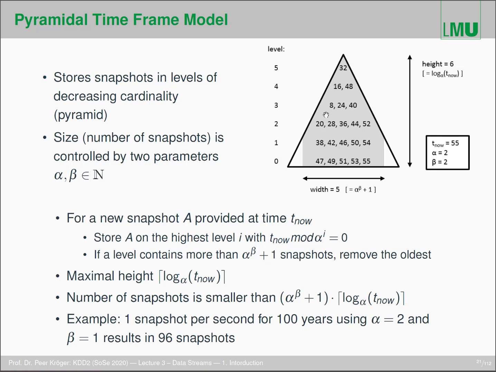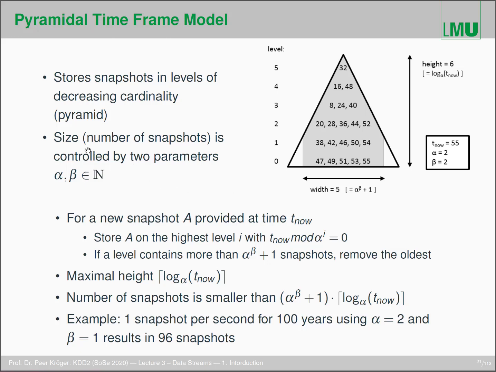You see, you have different levels starting from the lowest one here, and the cardinality, the capacity of each level, decreases with increasing level. So you see that it's a kind of pyramid which you end up with.